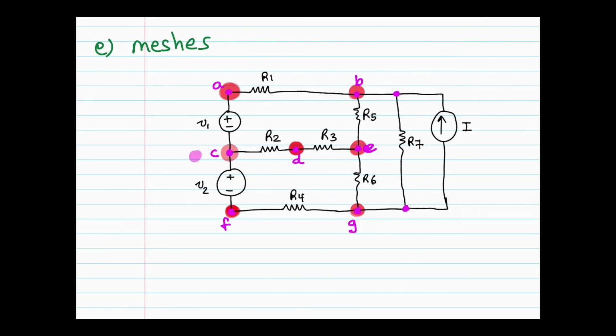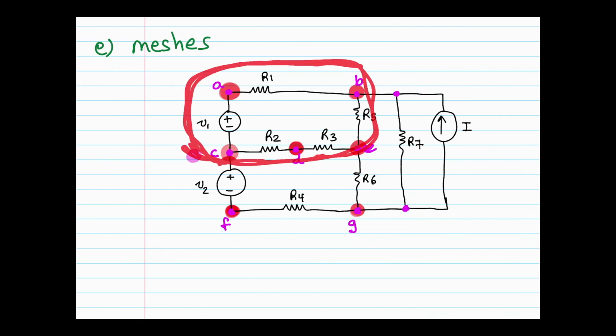We'll start here and then take a path to R1. Then we go down to R5 and go through R3 and R2 and end up on the same node C. So now we have completed a loop, and this loop does not have other loops in it.